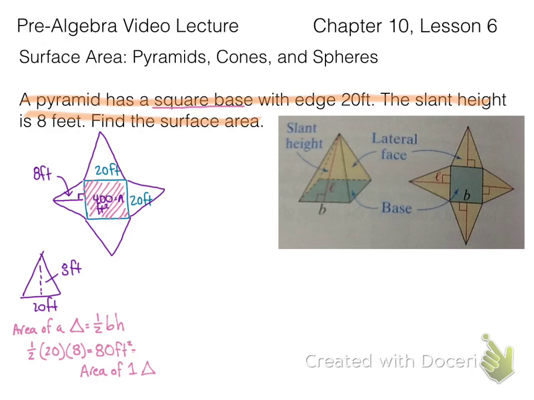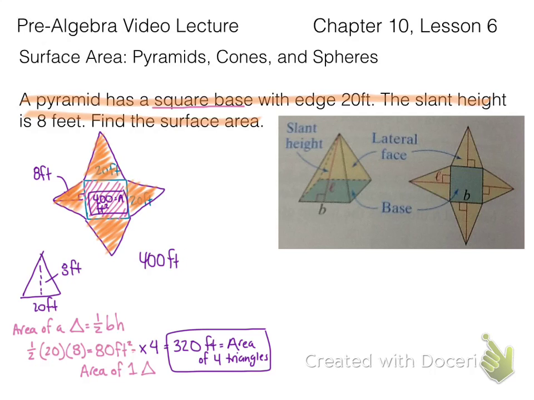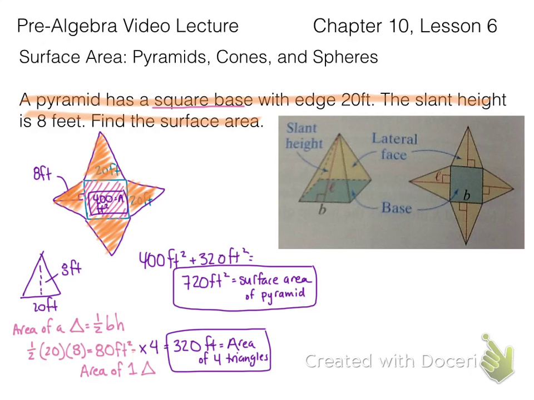So if I multiply the area of one triangle by 4, I'm going to get the area of all 4 of them. Then I'm going to add the area of the base and the area of the lateral faces to get the total surface area of my pyramid. Pretty cool, huh? So the total surface area of my pyramid is 720 feet squared. And don't forget about that feet squared. You're dealing with area, so your unit should be feet, and then squared.